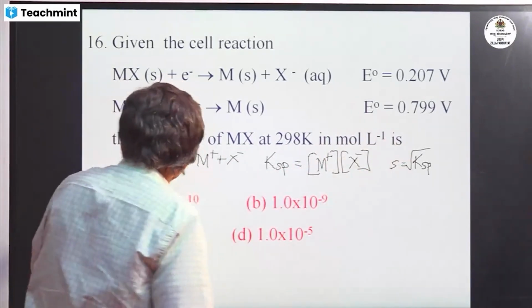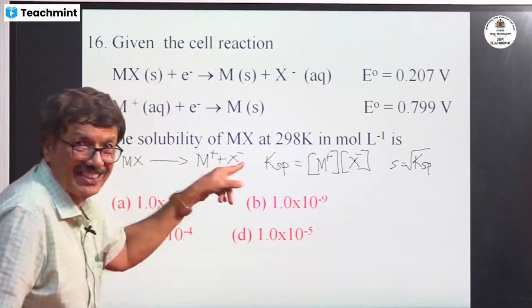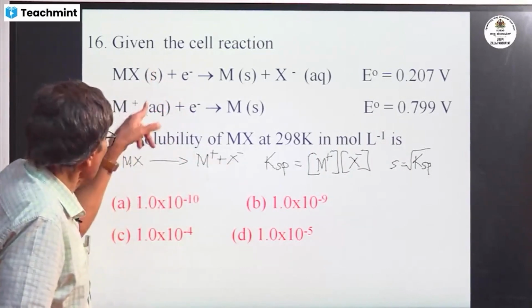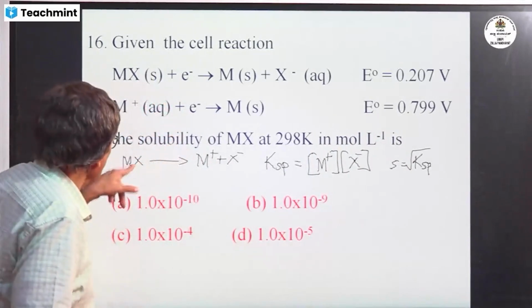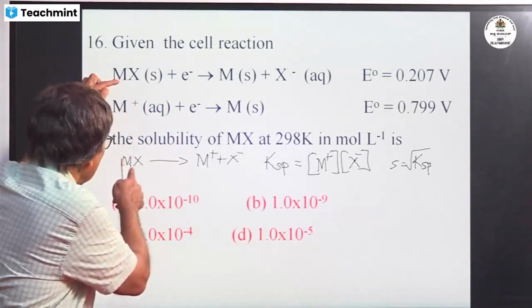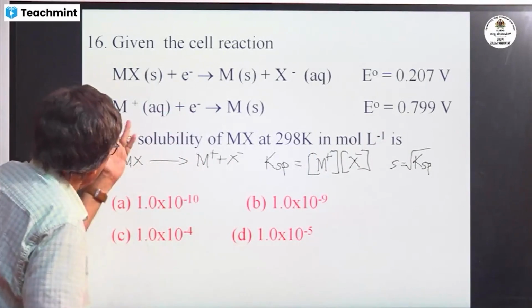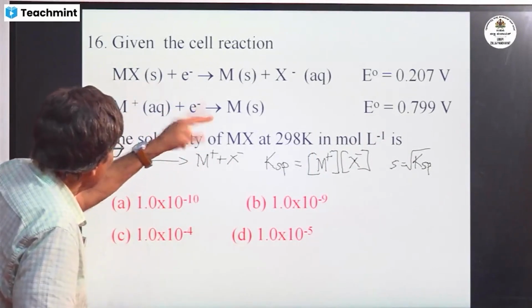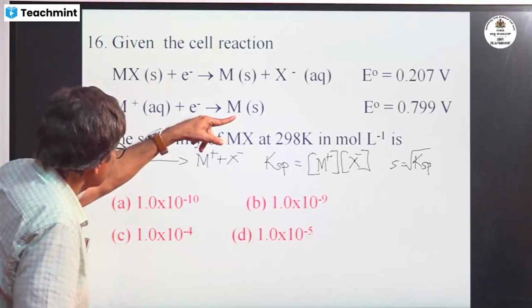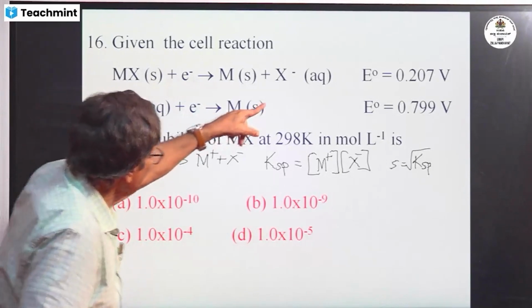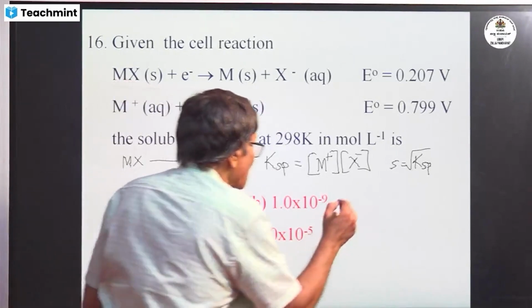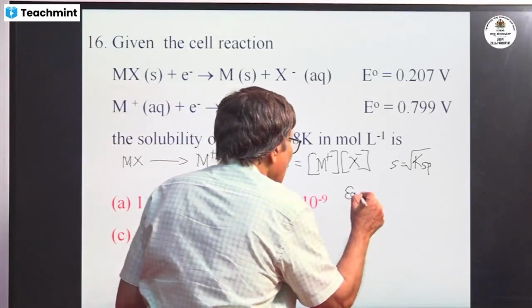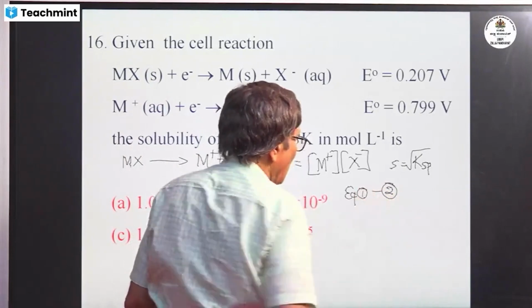Now I want this equation. See here. From these two equations, as we used to do in thermochemistry, MX I want on the right side, and we have it on the right side. M plus I want on the left side. X minus is anyway on the left side. So shall I do equation 1 minus 2?